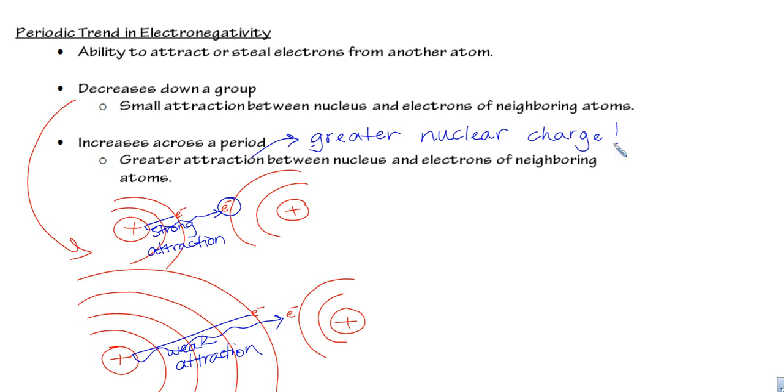As you go across, you're just filling a particular energy level, but not only are you adding an electron, you're also adding a proton. The more protons, the more positive your nucleus, the greater the attraction is between the electrons within that particular atom, but then also neighboring atoms. So it makes sense. In general, whenever there's a strong attraction within the atom, there's also a good chance that they could attract electrons from another atom.